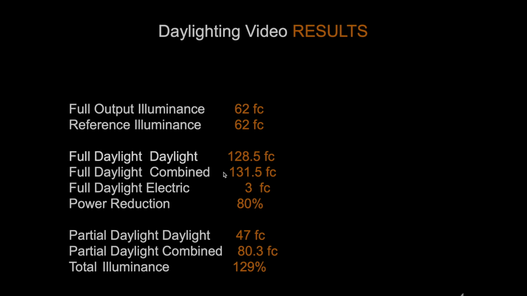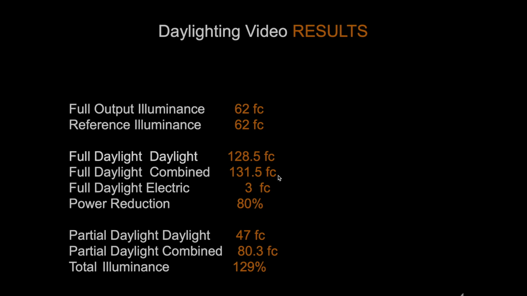We turned our electric lighting back on at the area control. We only turned on the primary side-lit daylit zone. The secondary side-lit daylit zone and the general lighting remained off. So this reference illuminance is only from the primary side-lit daylit zone.